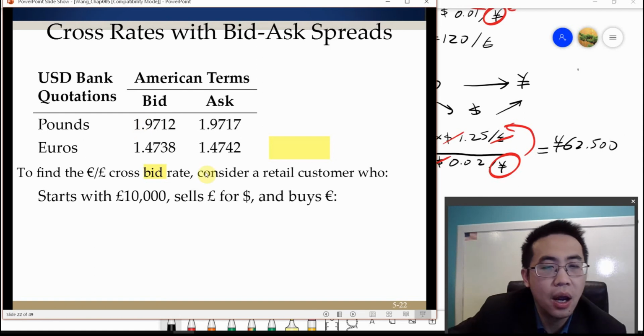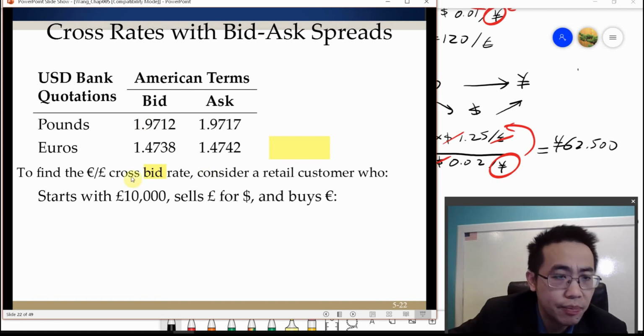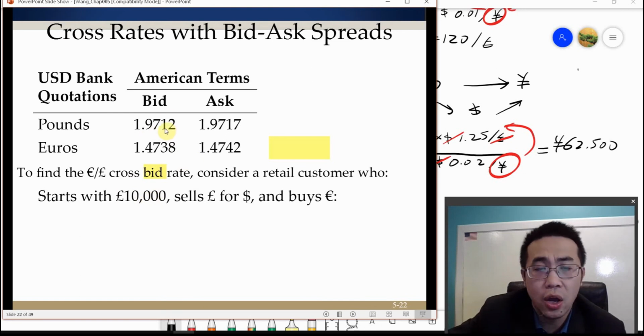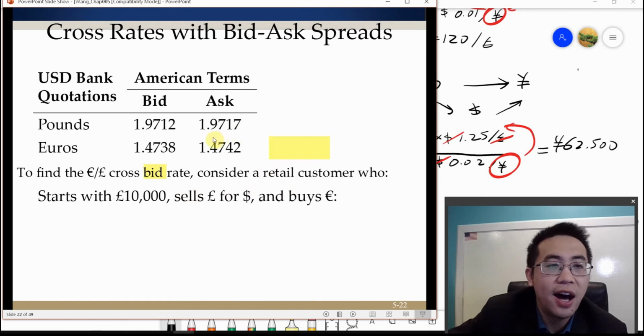Then what do we do with these numbers? So you have 10,000 pounds, you sell it, you're going to multiply the pounds by the bid price, the lower one, 1.9712. Then you get 19,712 US dollars, and then you're going to buy euros. If you buy euros with the dollars, you're going to divide by the euro ask price, in direct terms.